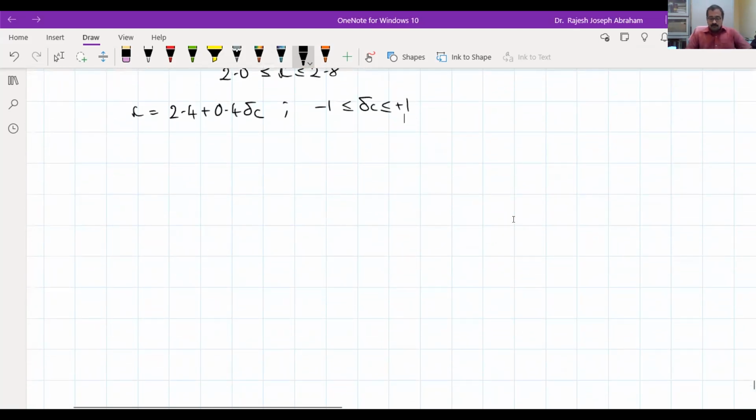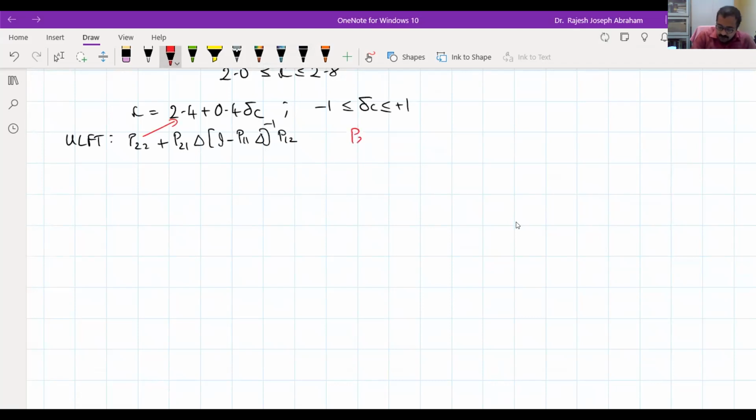So now we need to compare this with the ULFT equation. What was the ULFT equation? P22 plus P21 delta into I minus P11 delta whole inverse into P12. Now you just make a one-to-one comparison. What will you get? P22 equals 2.4 straight away. Then what is P21?